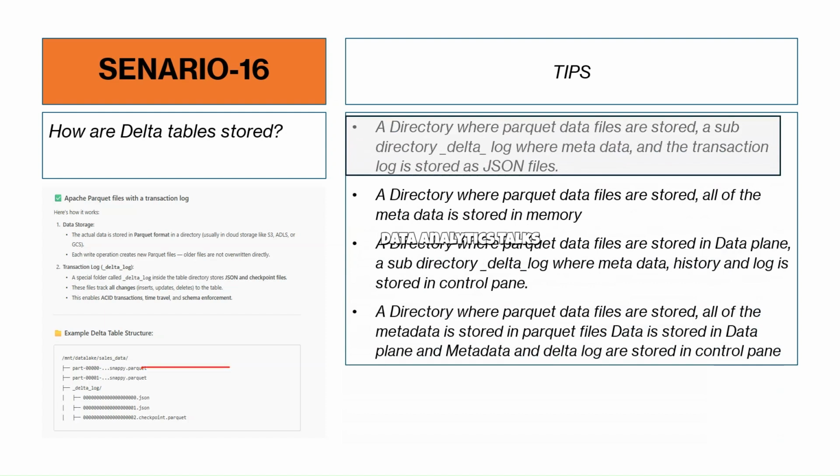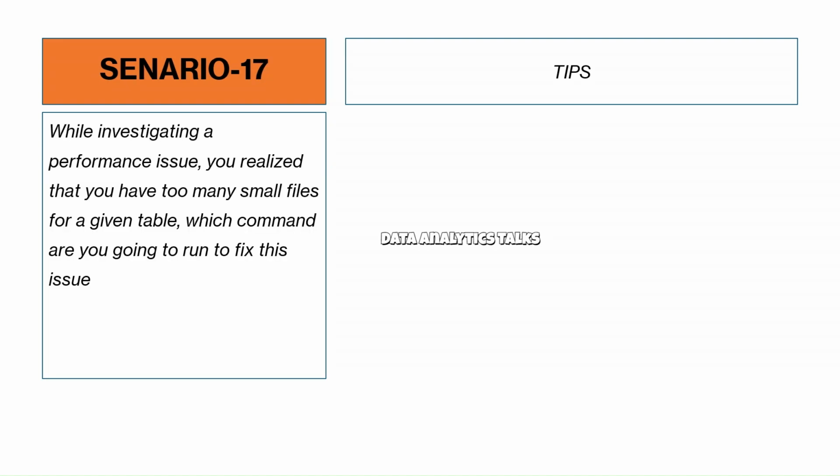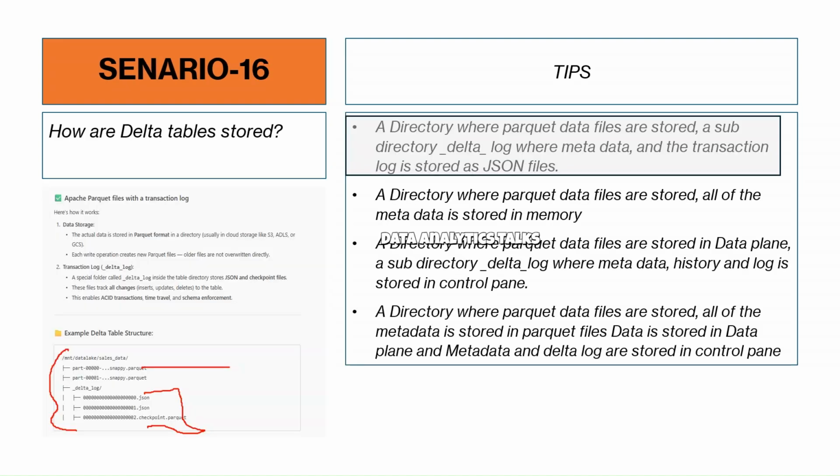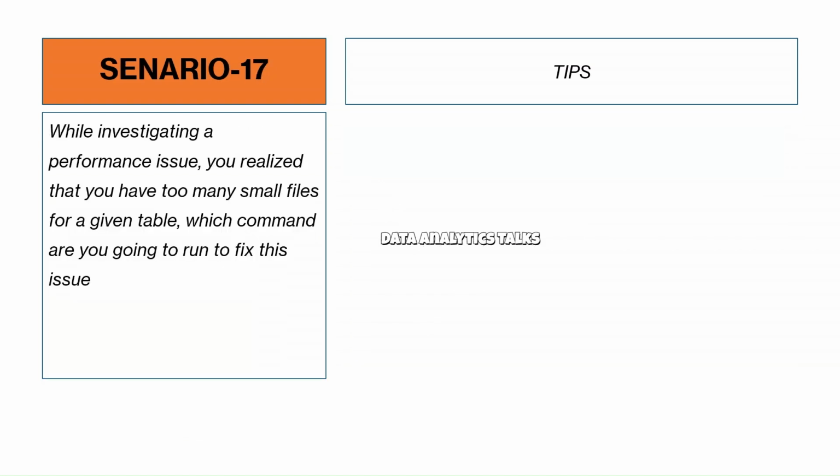These are the Parquet files, these are the JSON log files. So it follows a specific structure. When you study your scenarios, you should try to relate to some images or answers so you can remember it easily.